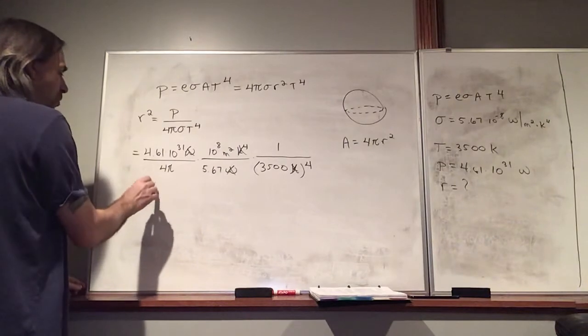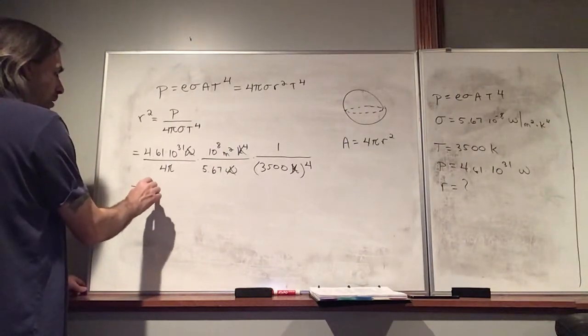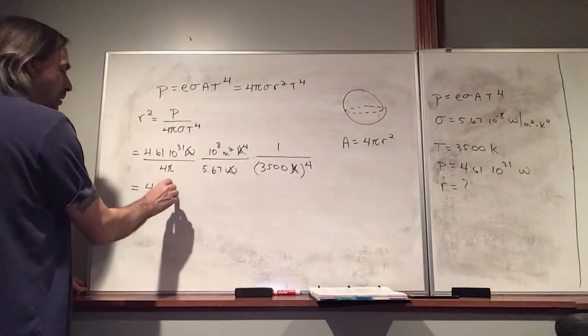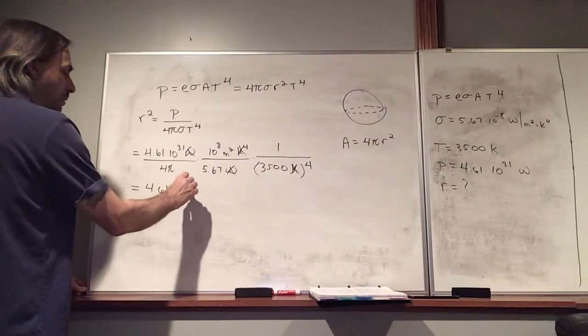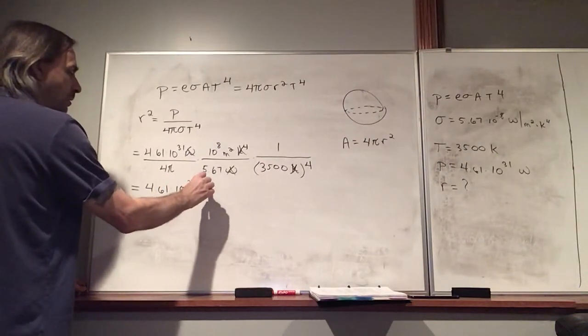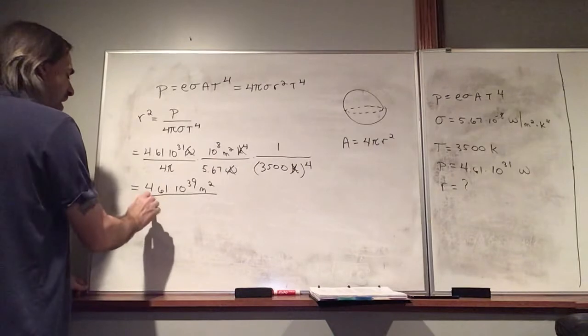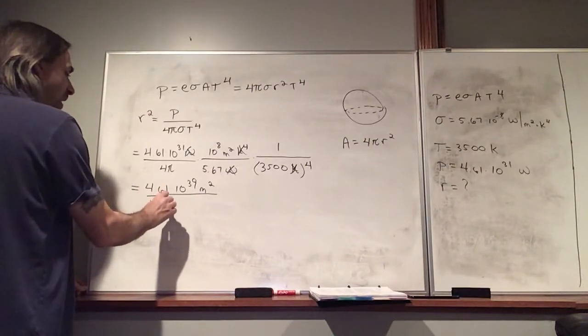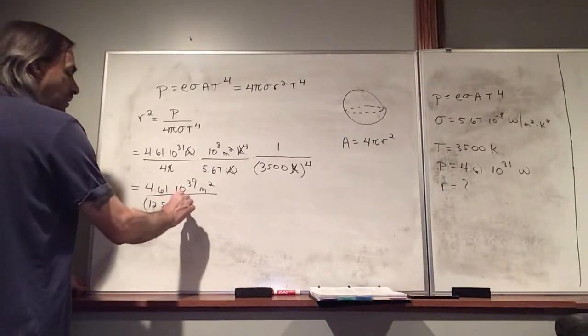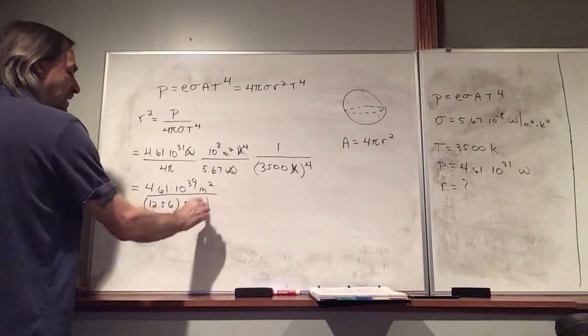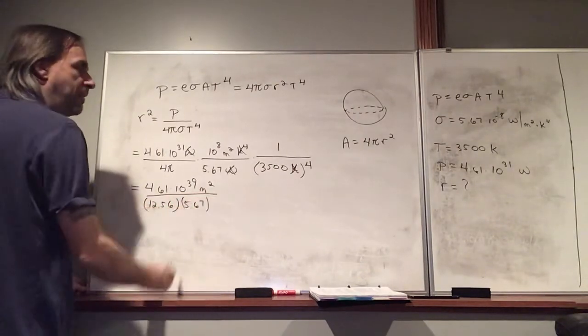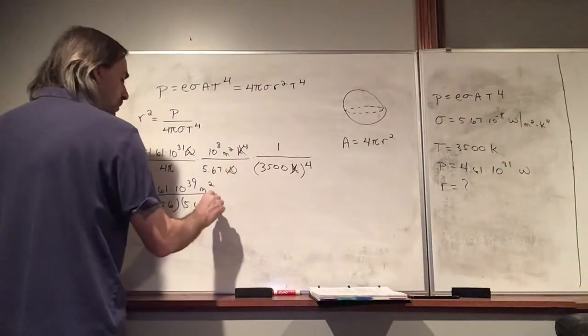Let's clean this up a little bit. Now 4 pi, that's around 12.56. This is 5.67. And then 3,500 to the 4th.